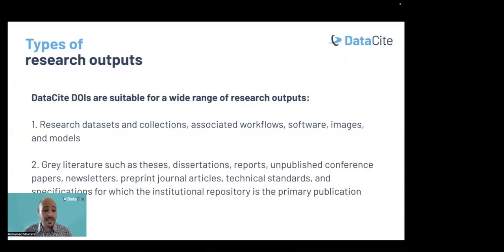Also, DataCite DOIs can support grey literature materials, such as theses, dissertations, reports, unpublished conference papers, newsletters, preprints, journal articles, technical standards. All these research outputs are usually stored and deposited into an institutional repository.